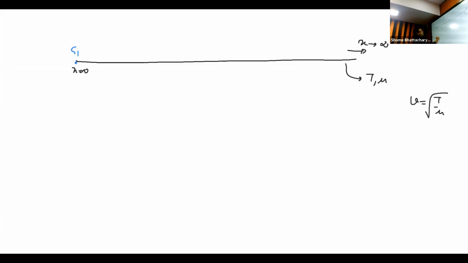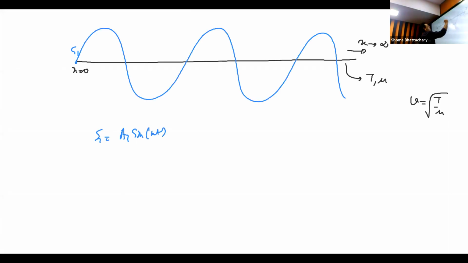Okay, and S1 is having an equation A1 sine omega t. So it's creating this wave, where k is omega by v, and omega is 2 pi f.